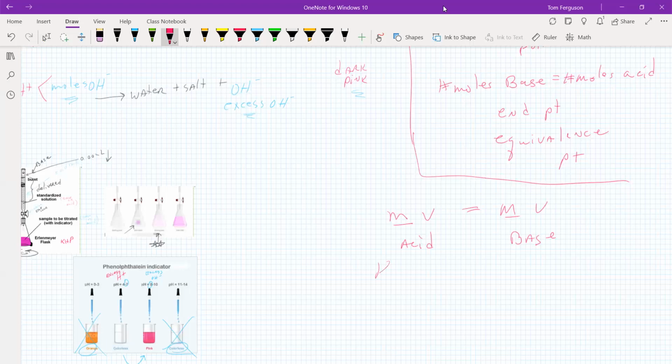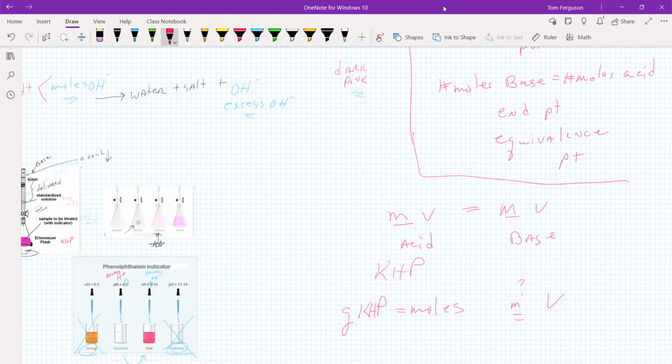So the acid KHP, we know grams. That gets us to moles through the molar mass. With the base, the sodium hydroxide, we know the volume. But we don't know the concentration. And the whole exercise in lab 15 is to calculate the concentration of our sodium hydroxide base.